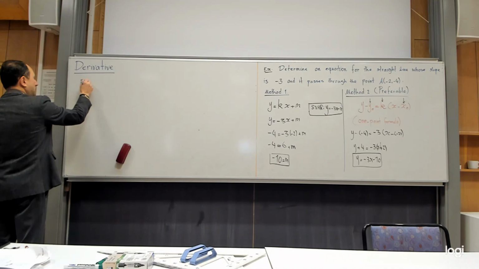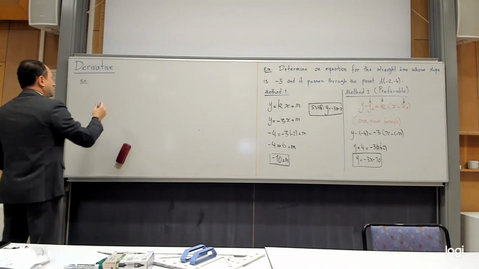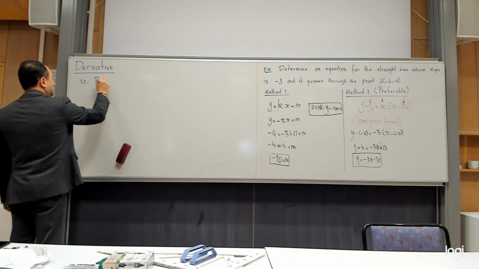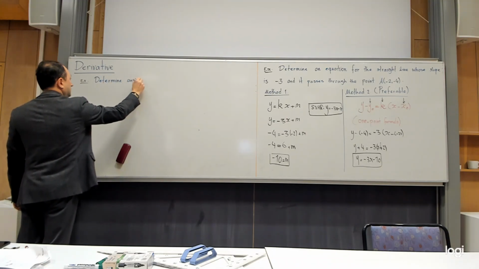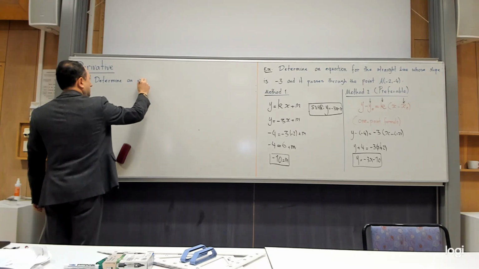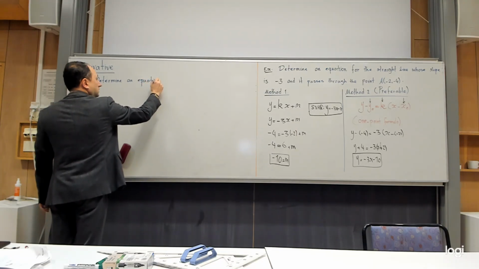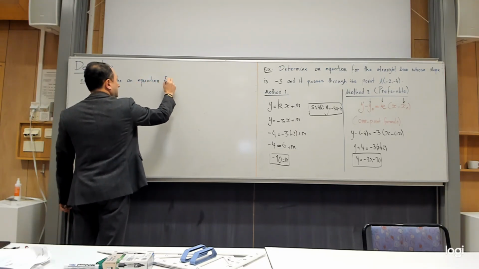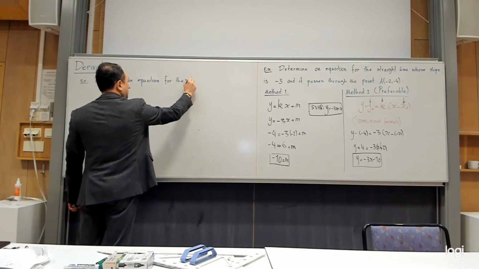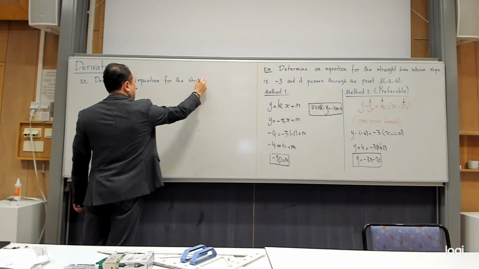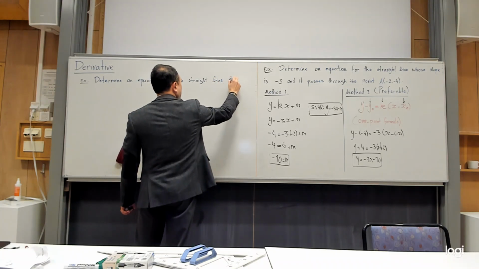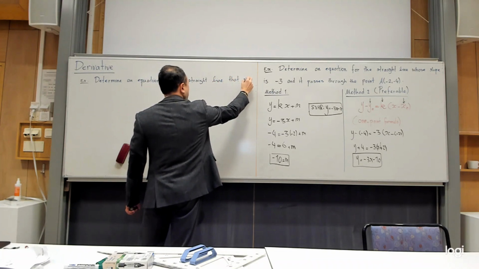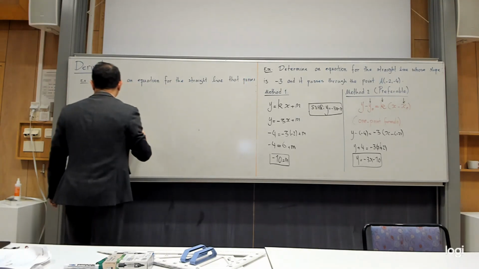Okay. So example, what happens if I ask you to determine an equation for the straight line that passes through the points?